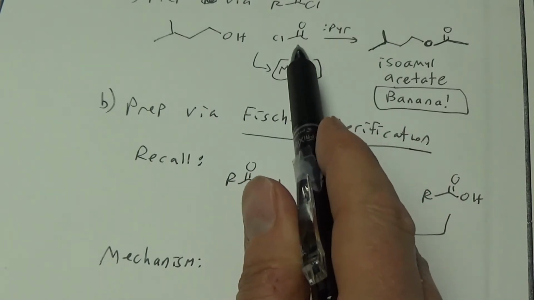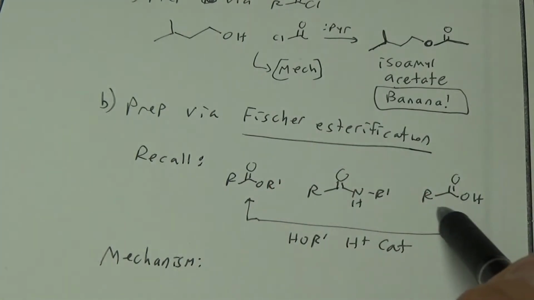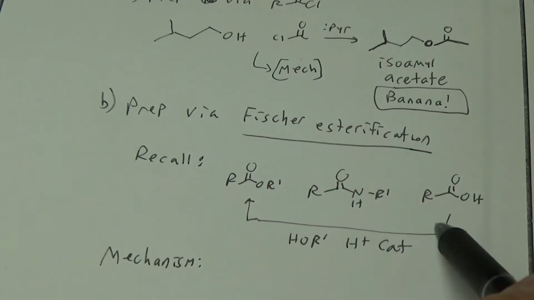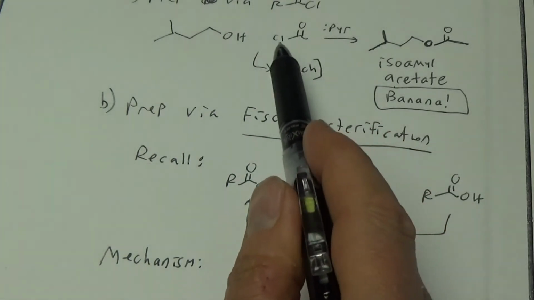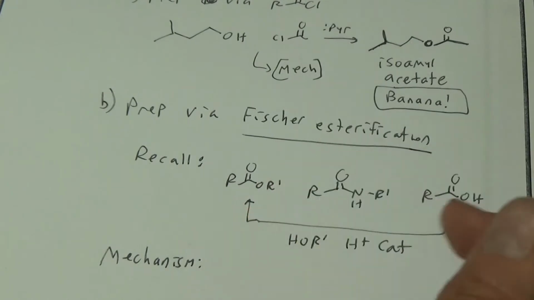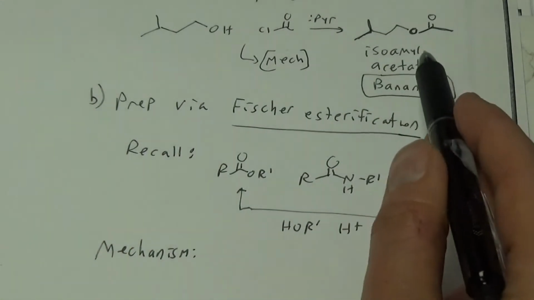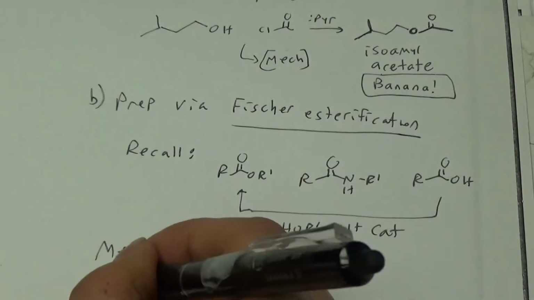I'm going to use a carboxylic acid, because that's what the Fischer uses, a carboxylic acid and an alcohol. I'm just going to use acetic acid. I'm going to flip it around also, just for fun.